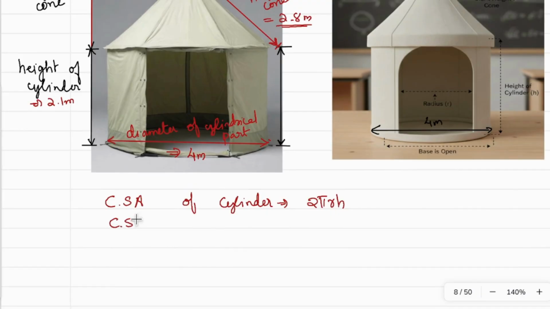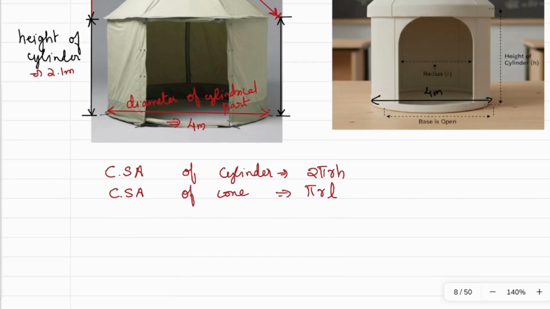There is no need to find the base area of the cone, only the CSA. What is the CSA of a cone? It is equal to pi r l. Clear? After finding these two values, we will add them. Then we will get the entire area for this tent.